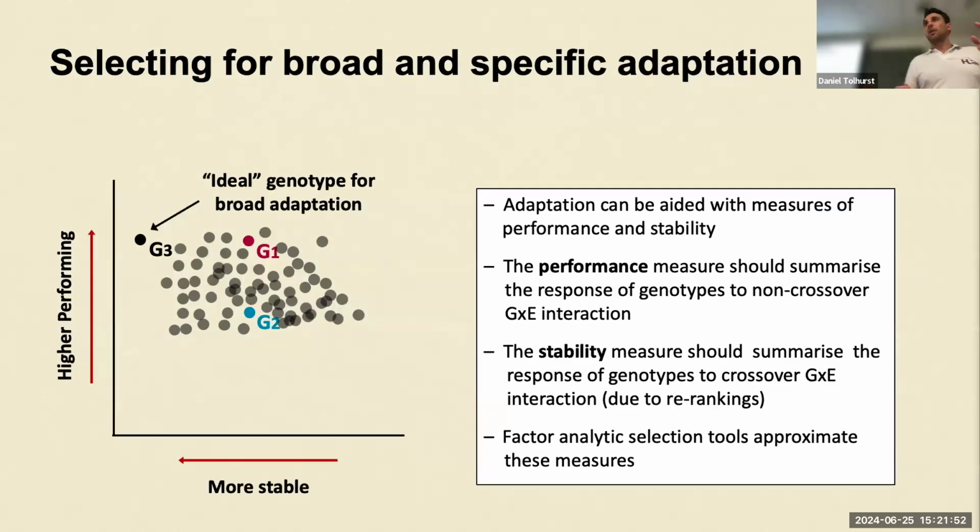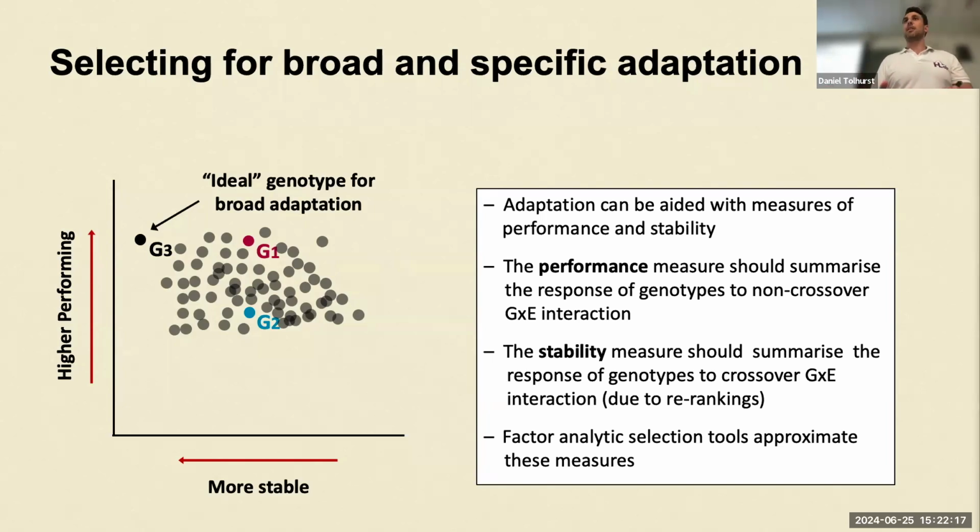So this is showing what we might like to construct. On the y-axis, it looks like a performance measure, so you want something that's high performing on average, up there where G3 is. And on the x-axis, we're looking at, say, the stability or the responsiveness, however you want to define that.